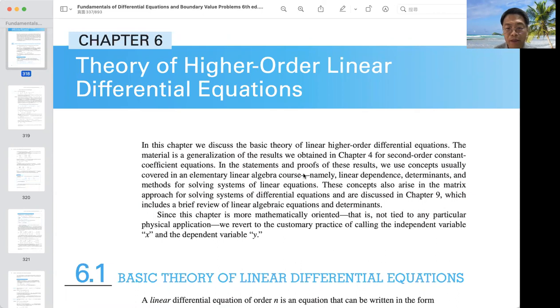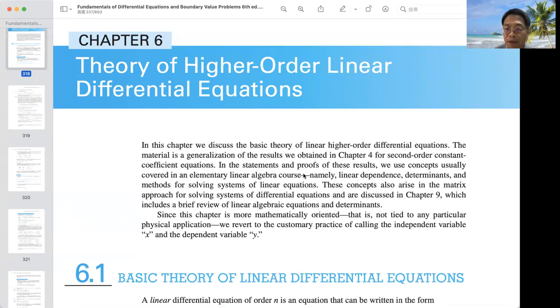Basically it's the same as your paper version, but this is an older edition, so maybe slightly different from your paper versions. Okay, so chapter 6, theory of higher order linear differential equations.